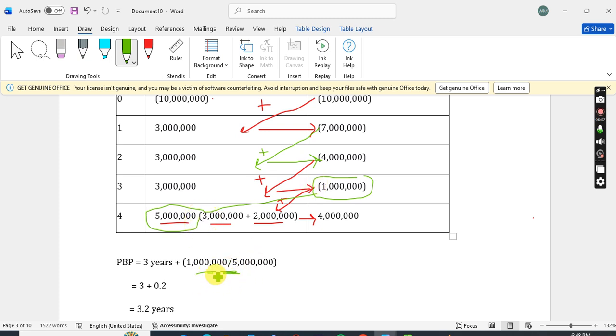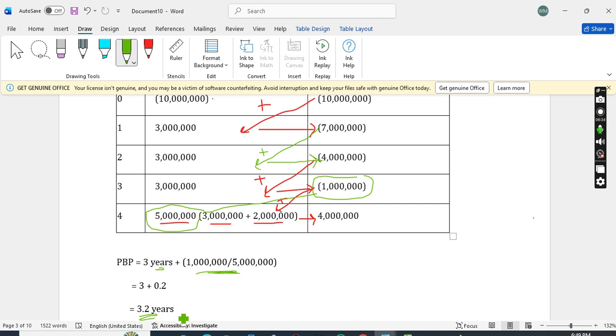Then we add it to 3 years, because between year 3 and 4 we get our money back. So we can't say year 4. We can only use year 3. So we say 3 years plus 1 million over 5 million. You get 0.2. Then 3 plus 0.2, you get 3.2 years.